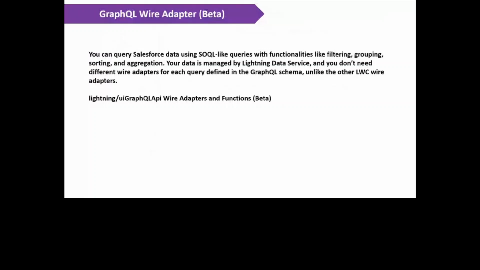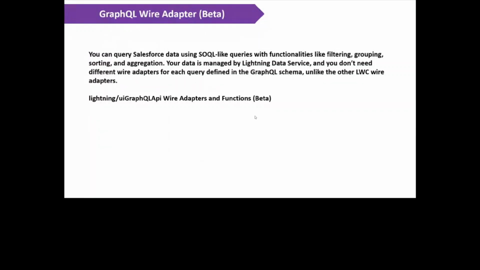We can also write parent to child queries or child to parent queries. It contains client-side cache and data management from Lightning Data Service, because wire adapters use Lightning Data Service. These features enhance the efficiency and speed of accessing data from your web and mobile applications.